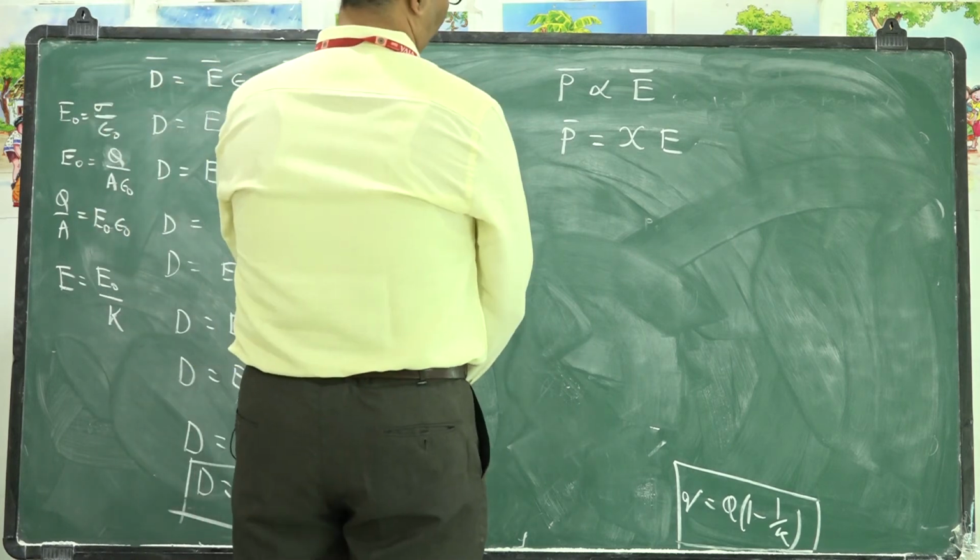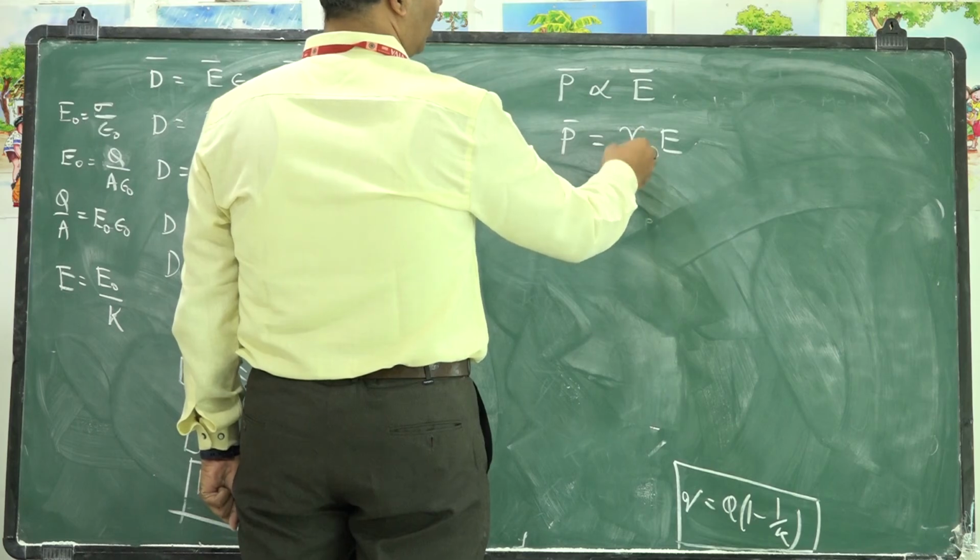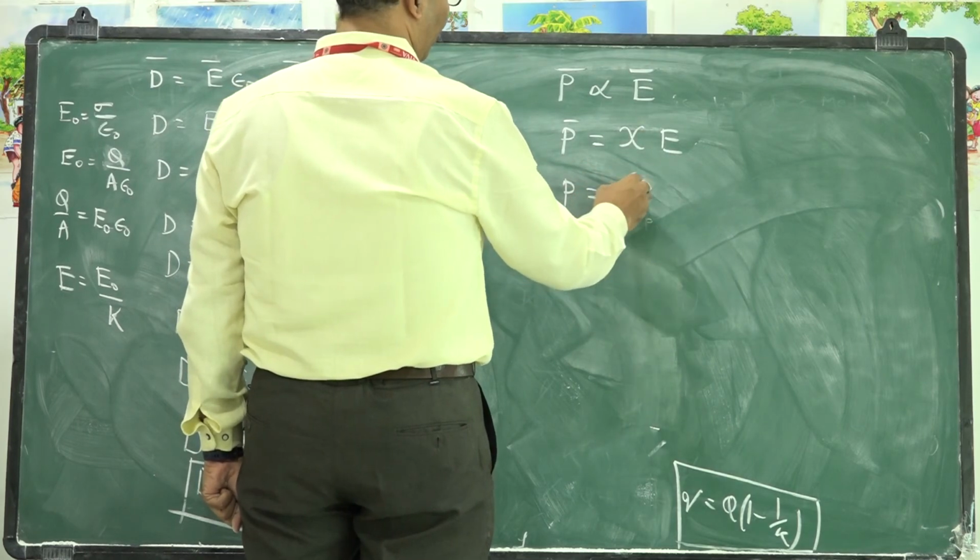But in order to keep this constant chi dimensionless, we should multiply epsilon naught here.